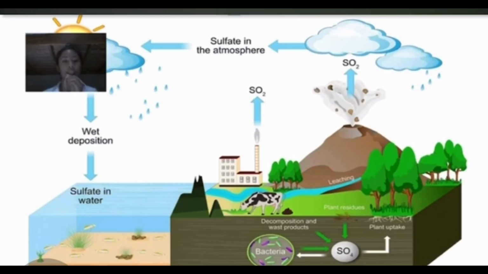For a recap, sulfur is an essential element for the macromolecules of living organisms. There are steps in the sulfur cycle. First is the decomposition and waste products of the animals or plants, which contain sulfur in the form of organic compounds, and decomposer microorganisms break down these organic compounds during the process of decomposition.